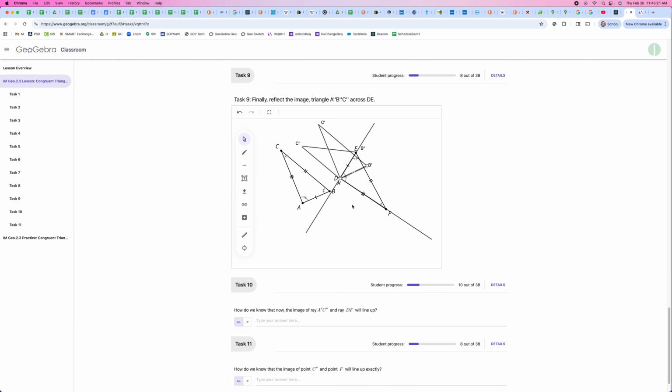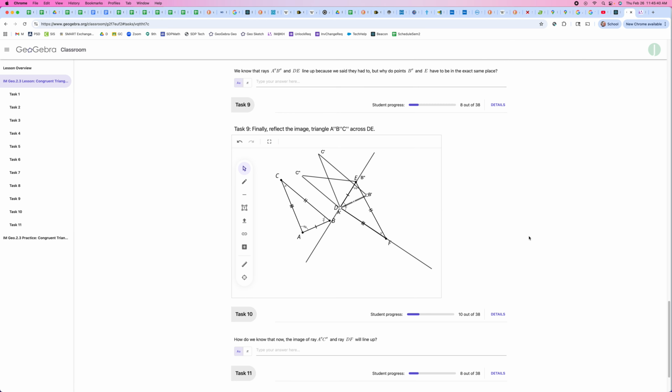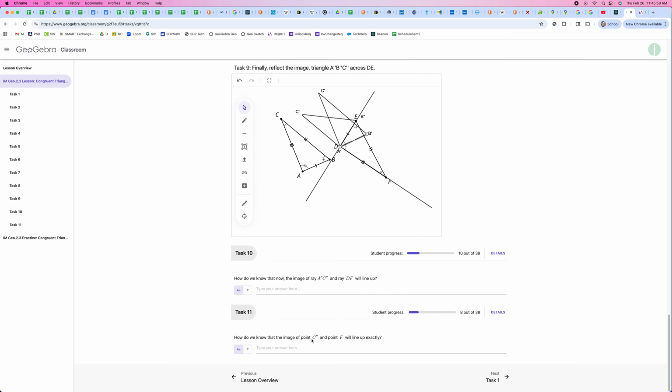And how do we know that A triple prime, C triple prime is going to lay perfectly on DF? Well, that's because angle A is congruent to angle D, because when we flip that down, angle A lays perfectly on top of angle D.